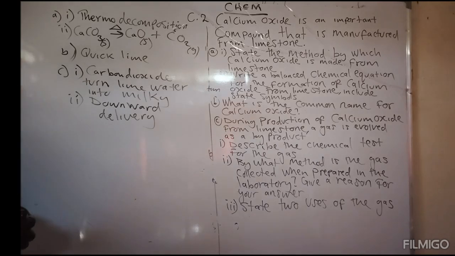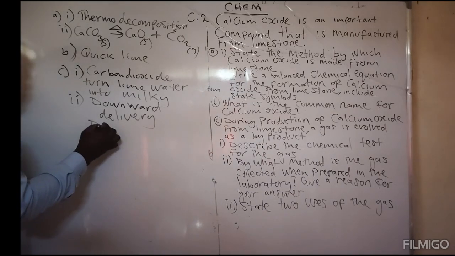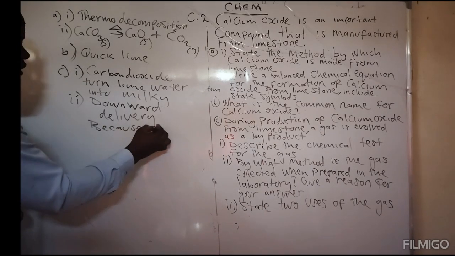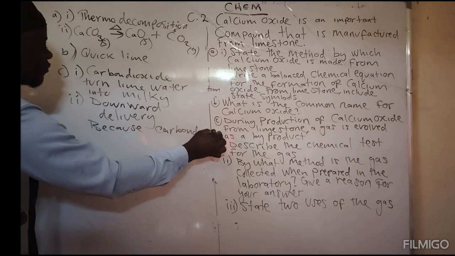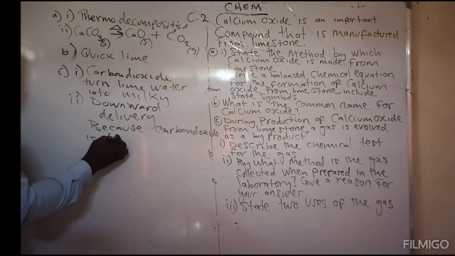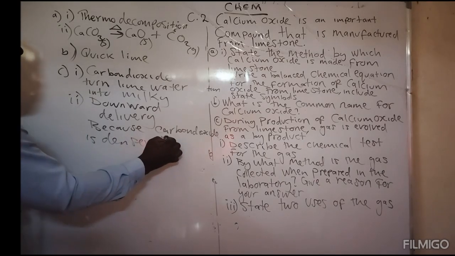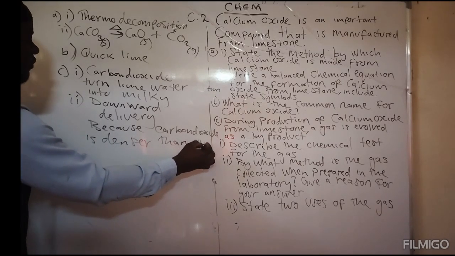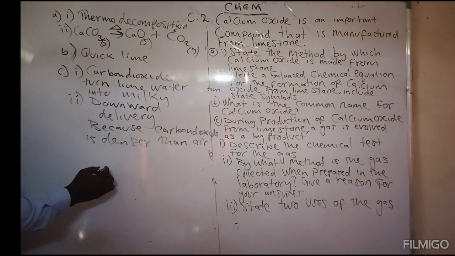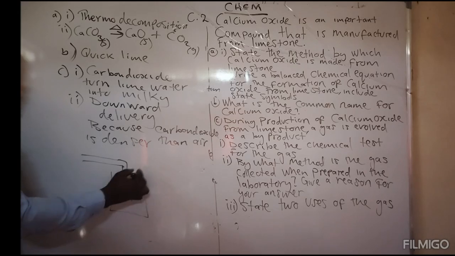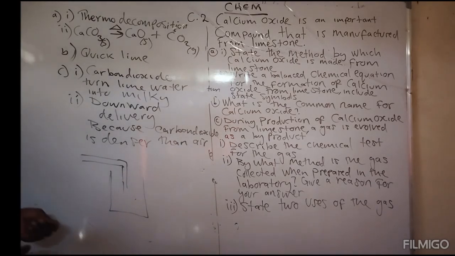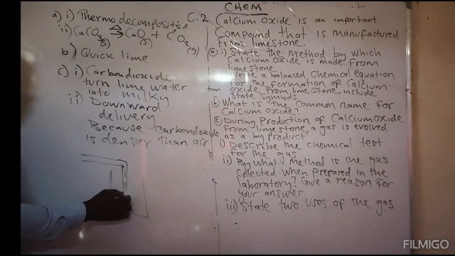Then the reason is because carbon dioxide is denser than air. A quick one, downward delivery: you have a tube here where carbon dioxide is being produced, going into a jar, then the same carbon dioxide will come down here.